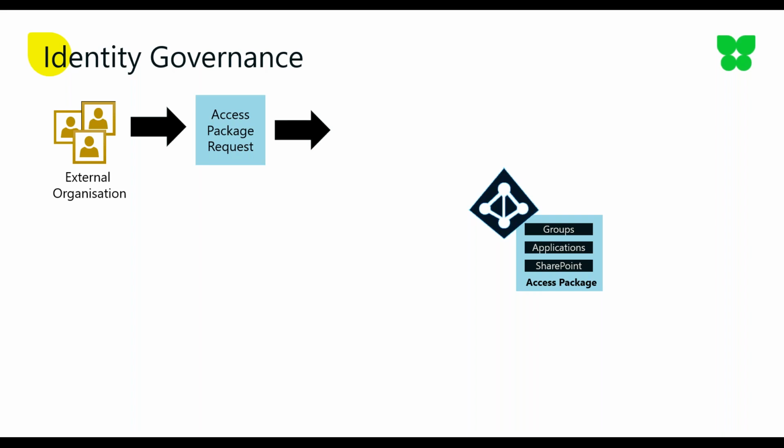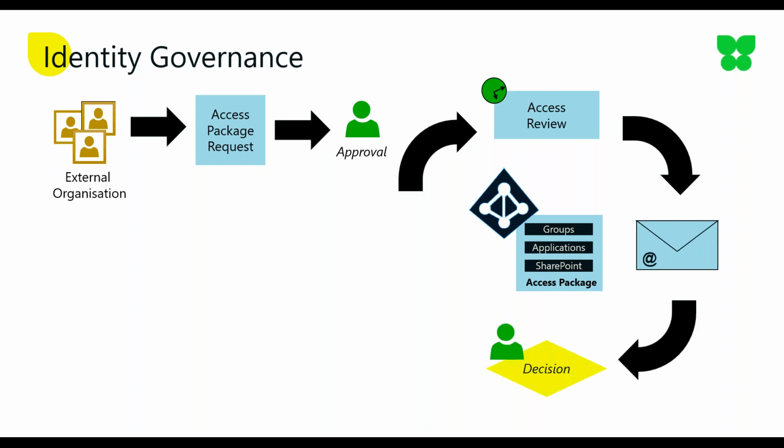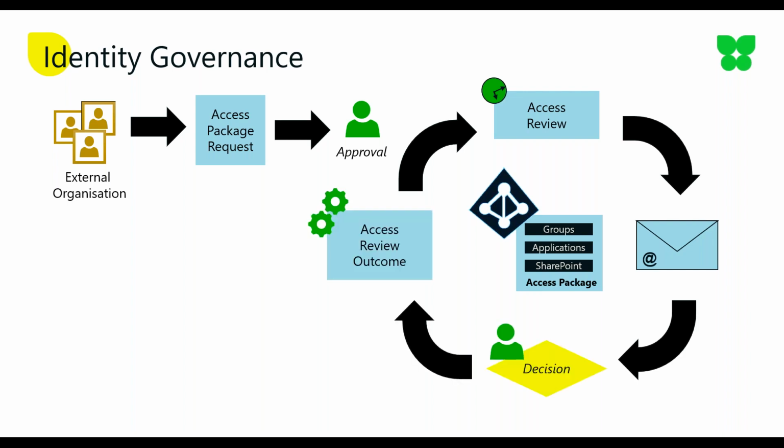And of course, where we have access packages, we have groups, applications, and SharePoint sites. And when somebody applies and gets approved, we can then push them into this cycle of access reviews. So an access review goes out by email, somebody makes a decision, and then there's an outcome, which is obviously if they no longer should have access, then they exit.